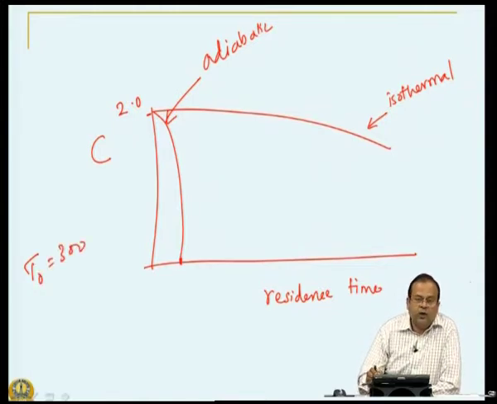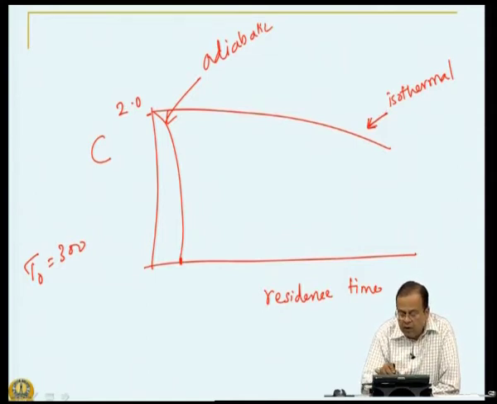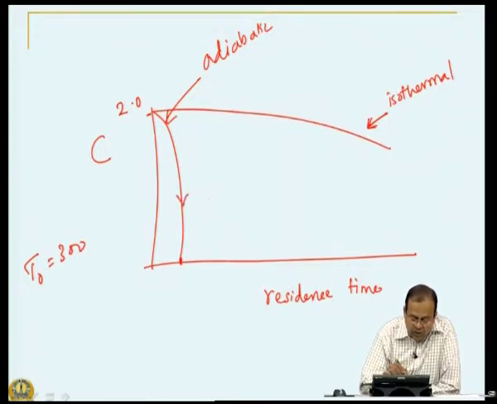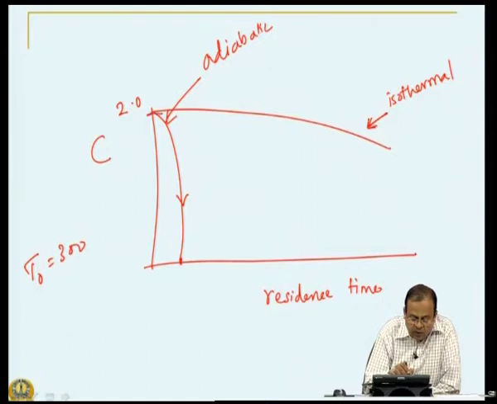Suppose I carry out a reaction in an isothermal manner by maintaining the temperature at the same value, 300, this is what behavior I will get. That is, to achieve any appreciable conversion, I have to wait for a long time. Whereas, the same behavior in an adiabatic reactor is completely different. In fact, the behavior is very similar at the starting point because conditions are the same.